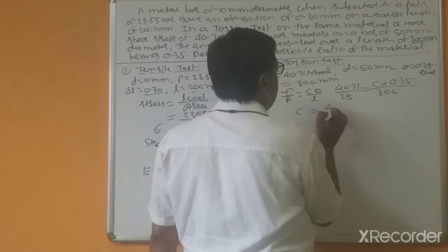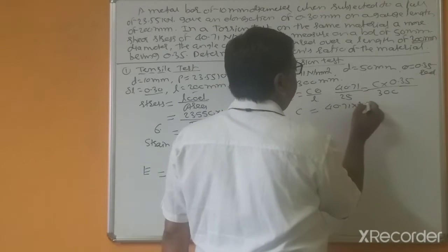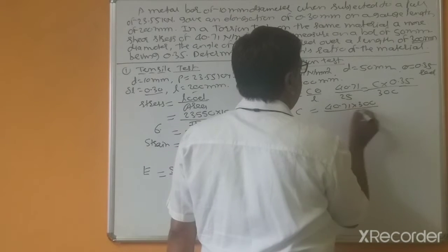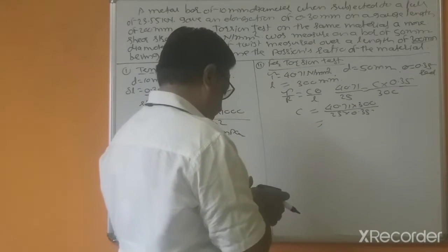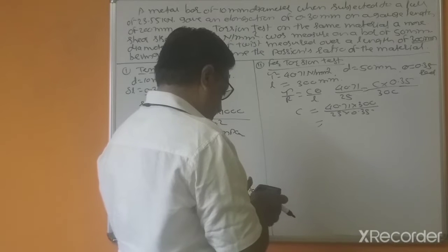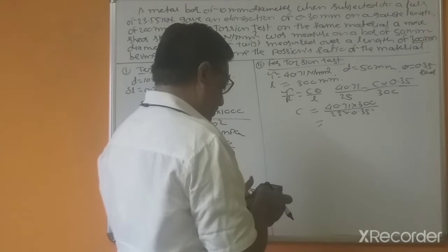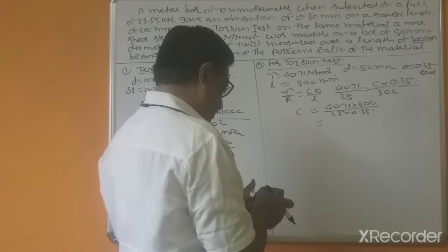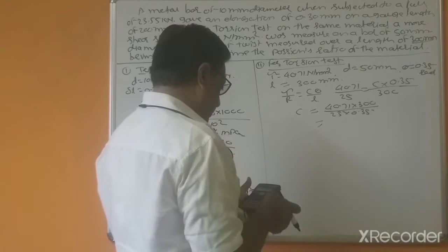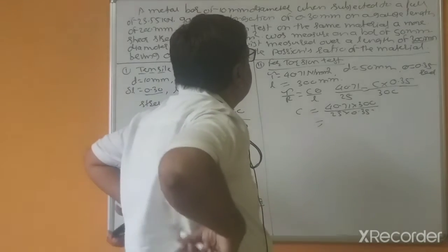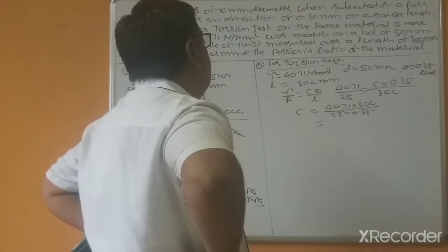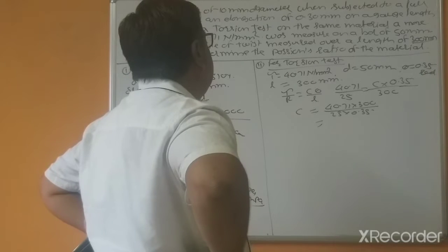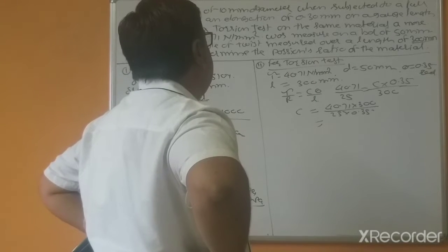So C equals 40.71 multiplied by 300 divided by 25 divided by 0.35. This is getting very low. What mistake are we making?